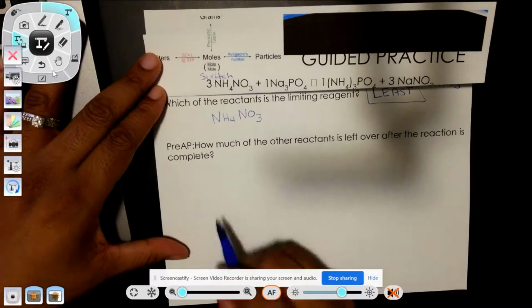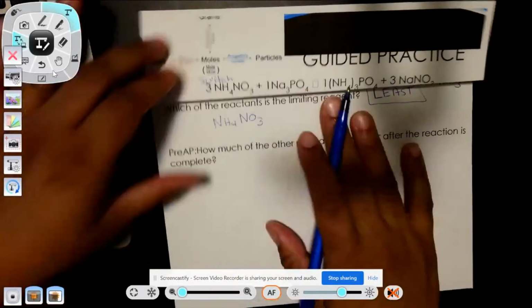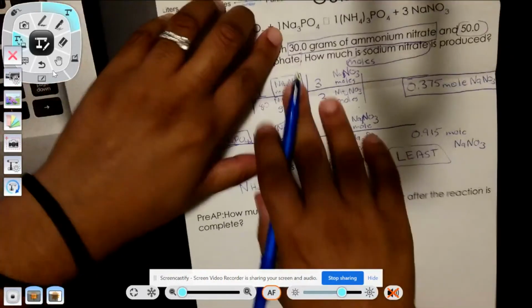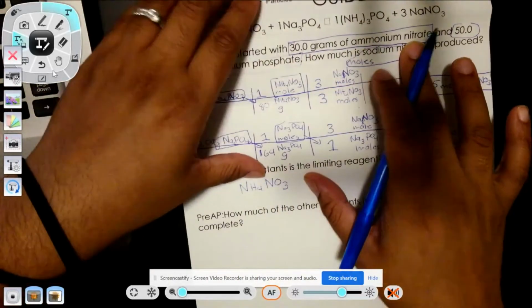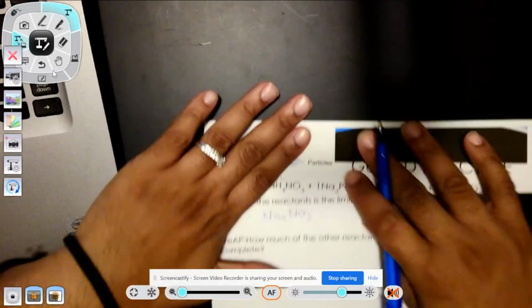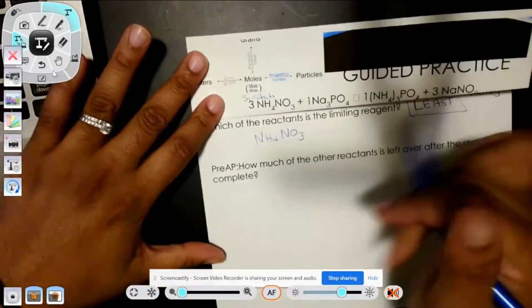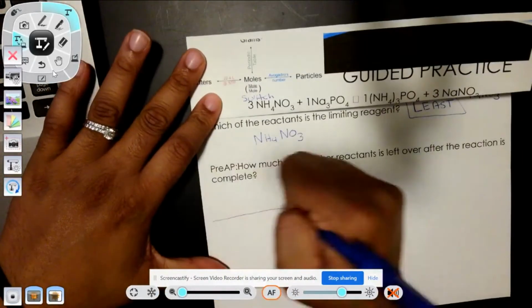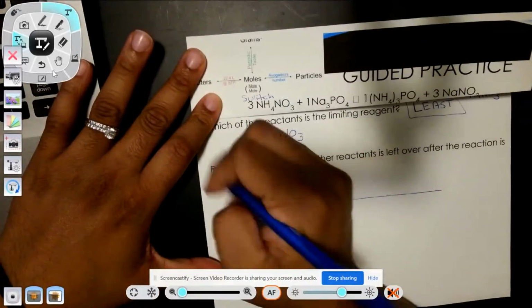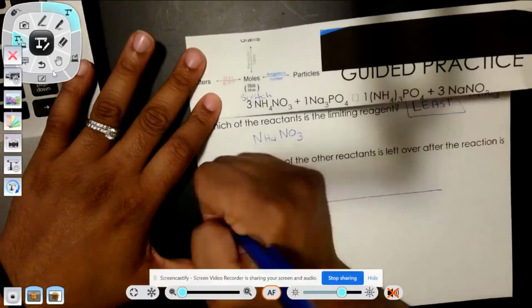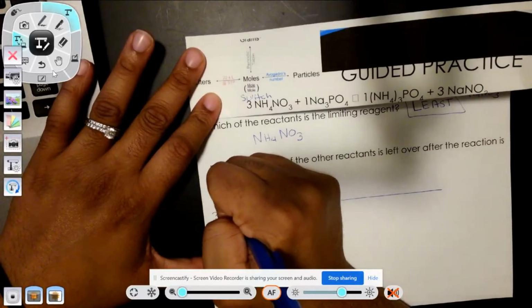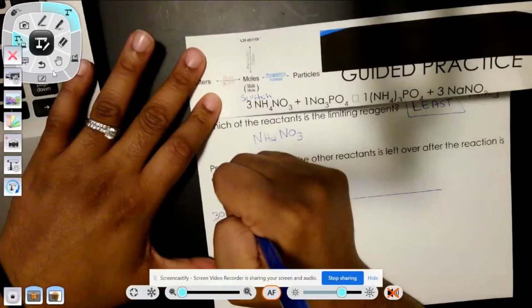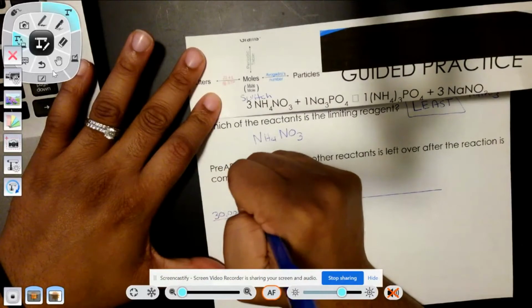So first thing we're going to do, I'm going to go back up here, we started with 30 grams of ammonium nitrate, and that was our limiting reactant. So that is where we're starting. We're going to draw our line, and our starting point is 30 grams of ammonium nitrate.